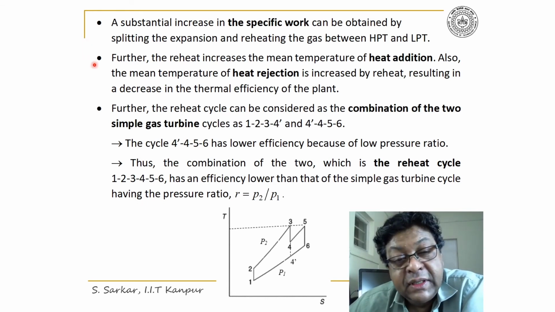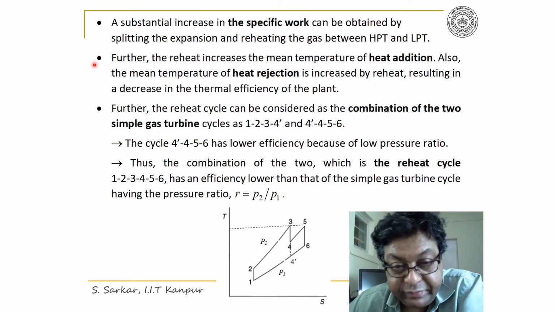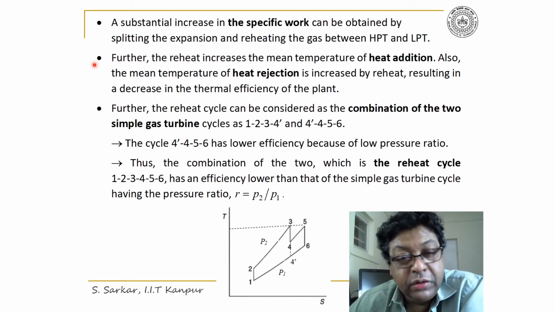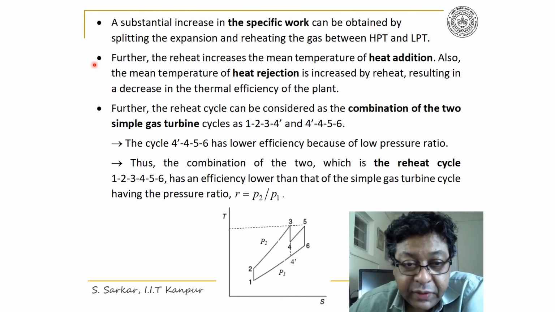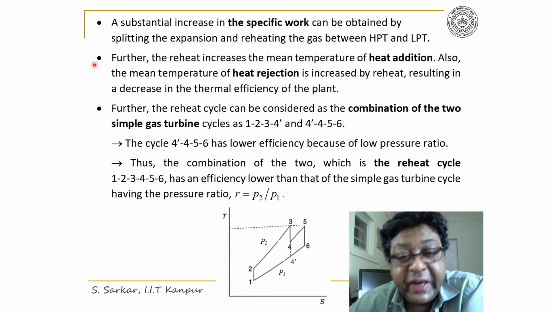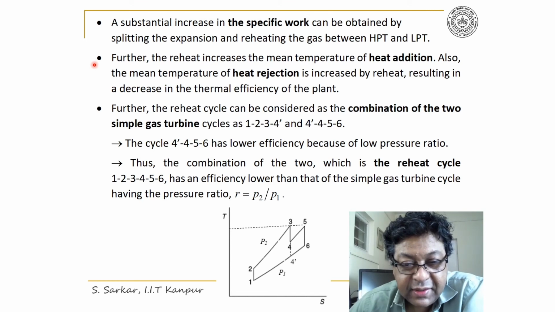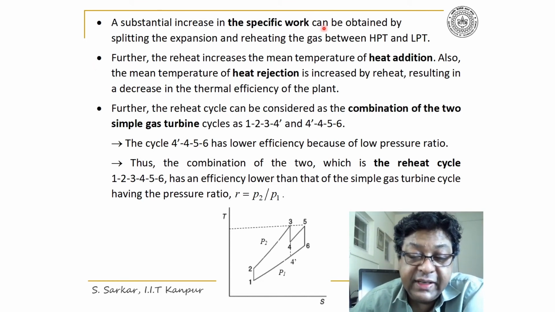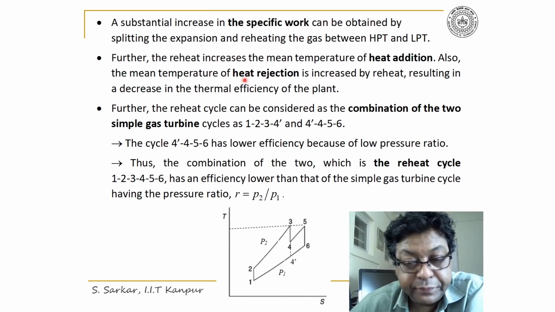Furthermore, reheat increases the mean temperature of heat addition, and also the mean temperature of heat rejection is increased by reheating, resulting in a decrease in thermal efficiency of the plant. Thus, the specific output is increased while the efficiency decreases because of reheating.